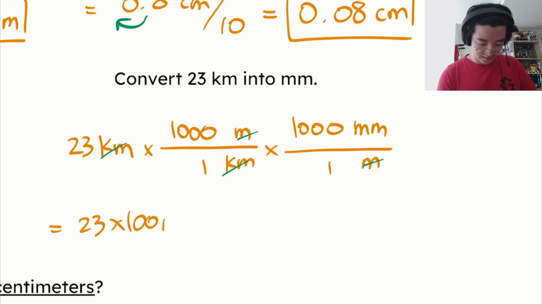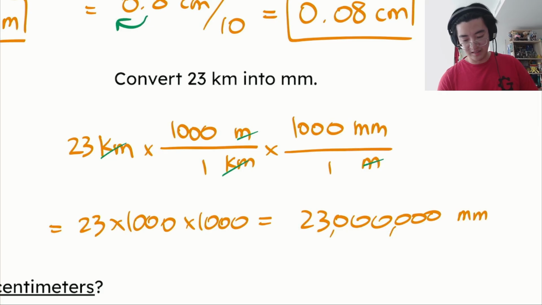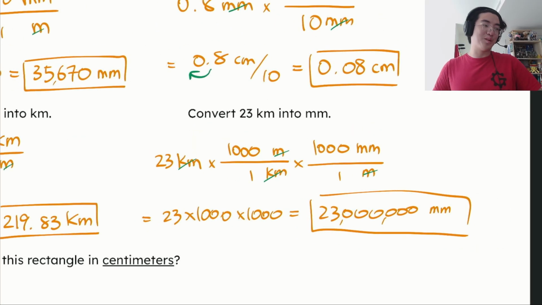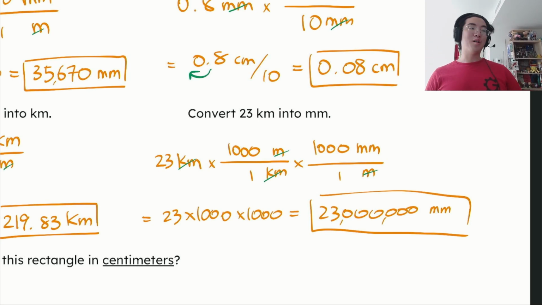Times 1,000 twice. So we got 6 zeros. 1, 2, 3, 4, 5, 6, comma, comma. That's a lot of millimeters. Hopefully you don't have to worry about converting kilometers into millimeters, but that's something useful to have. Then, oh, how far is the drive? Oh, it's 23 million millimeters away.